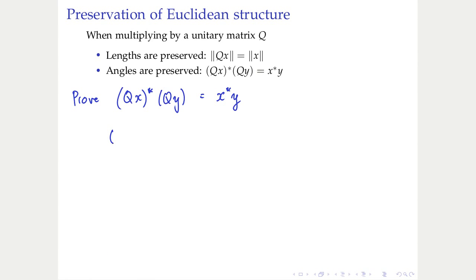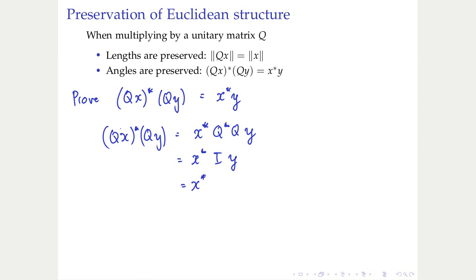This is really easy. It's the exact same thing we just did before. So (Qx)* Qy is equal to x* Q* Q y, equals x* I y, just like before, equals x* y. So that's really nice.